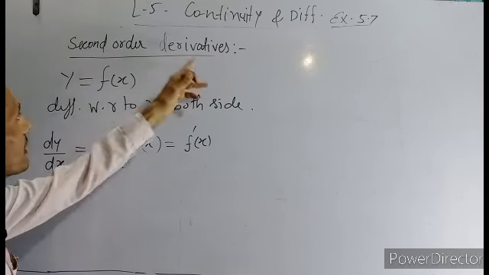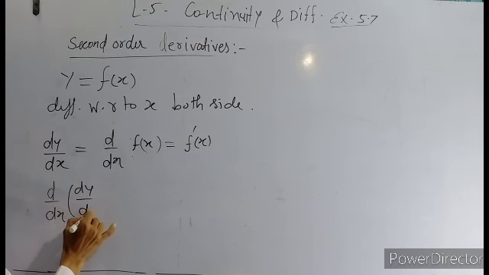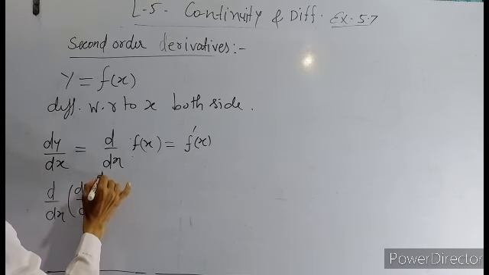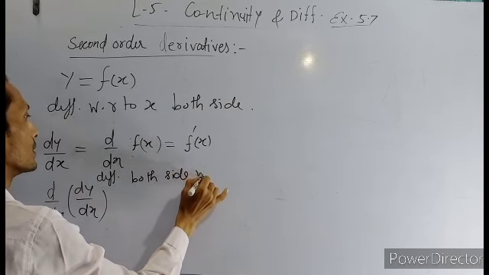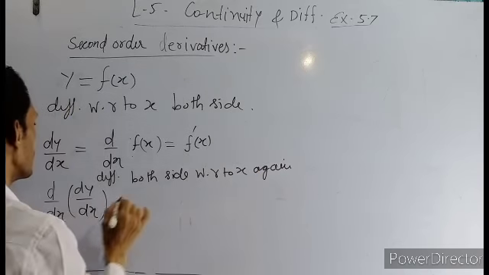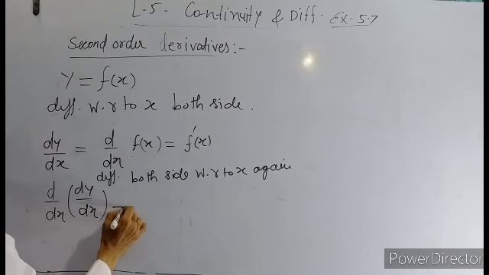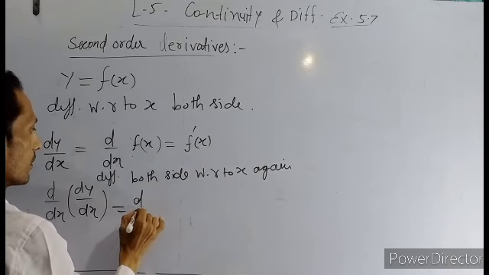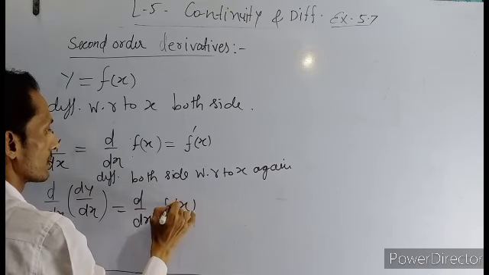Now come to the second order derivative. You have to differentiate a second time. What can we write? d/dx of dy by dx. Differentiate both sides with respect to x again. The RHS is the same as here, d/dx of f dash x.